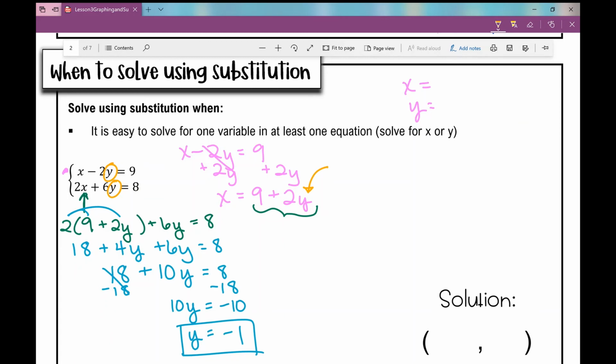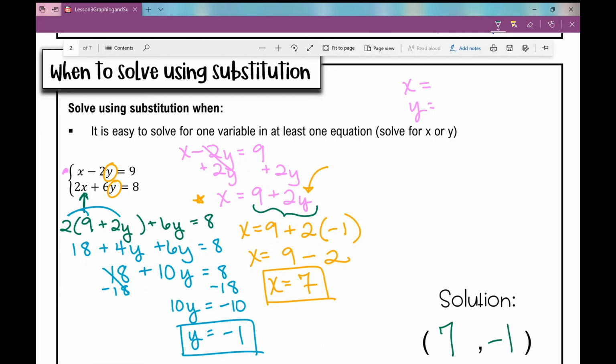I would replace it in the one that I changed because I have x already solved for. So instead of 9 plus 2 times y, it's going to be 9 plus 2 times negative 1. So x equals 9 minus 2, which means x equals 7. So now I have the value of both variables, and I can write my answer as an ordered pair, x comma y: 7, negative 1.